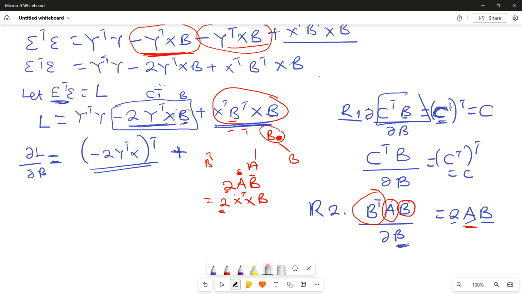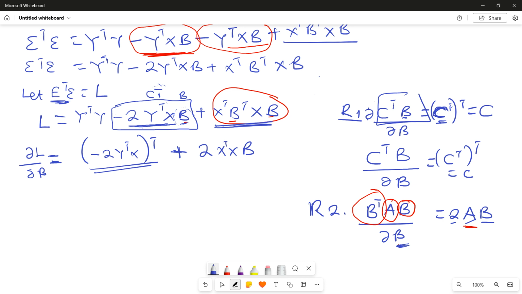Meaning that our answer for the last term will just be 2x transpose x, then we put back our b. That's okay, right?